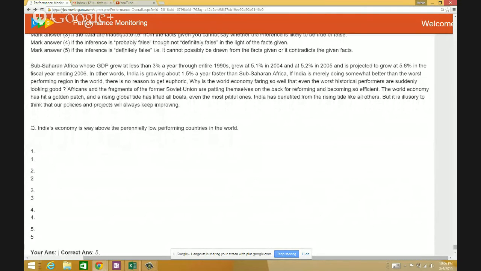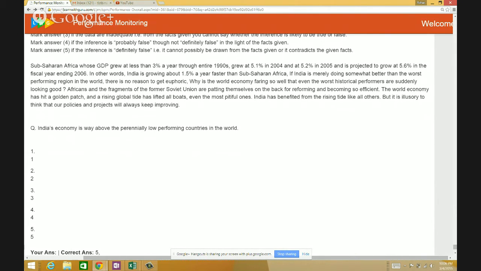Why is the world economy faring so well? Then the world's historical performance is suddenly looking good. Africans and the fragments of the former Soviet Union are patting themselves on the back for reforming and becoming so efficient. The world economy has hit a golden patch, and the rising global tide has lifted all boats, even the most pitiful ones. India has benefited from the rising tide like all others, but it's illusory to think that our policies and projects will always keep improving.